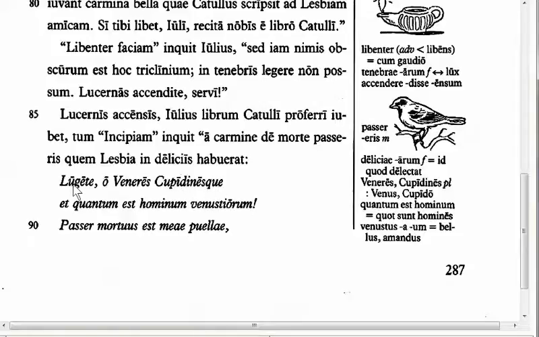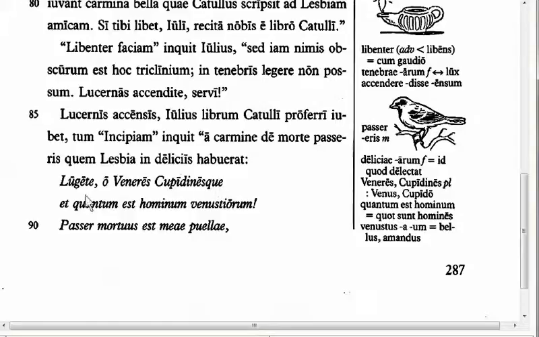So here we have lu-ge-t', o Ve-ne-res Cu-pi-di-nes-que. That would be the rhythm of the line, and all these lines are going to follow that same pattern. Two longs, followed by a dactyl, long, short, short, followed by long, short, long, short, long, long, usually. Or the last syllable could also be short.